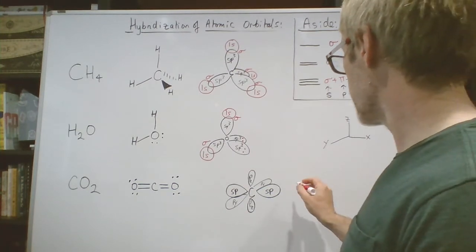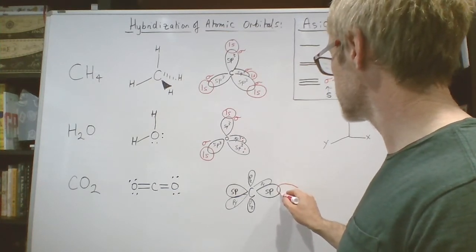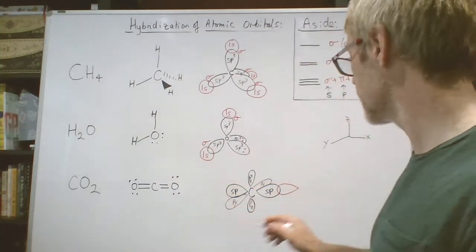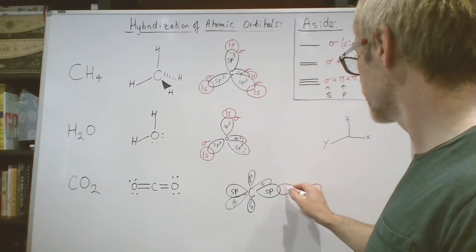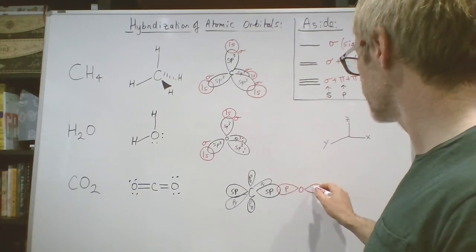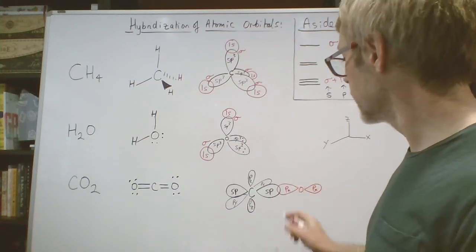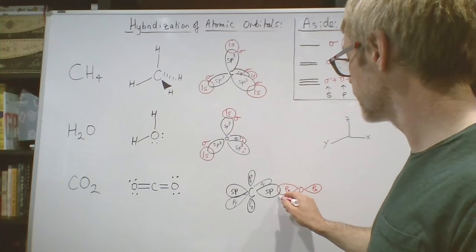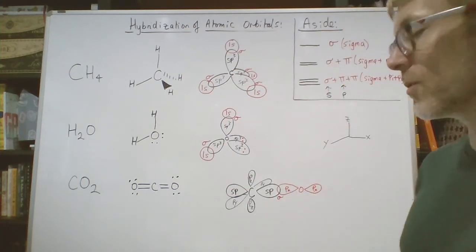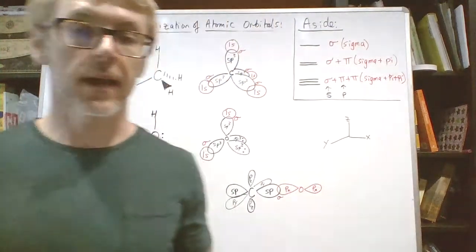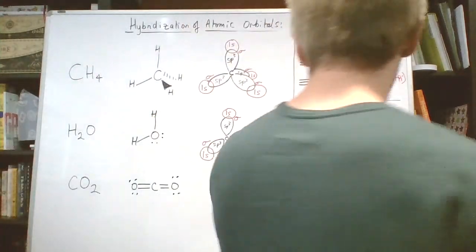But then I've got my oxygen. My oxygen isn't hybridized. Only my carbon's hybridized, right? So that's just got a good old p orbital, let's say px. So there's a sigma interaction here: a hybrid sp and an ordinary px atomic orbital, they just meet head on to form a sigma bond.